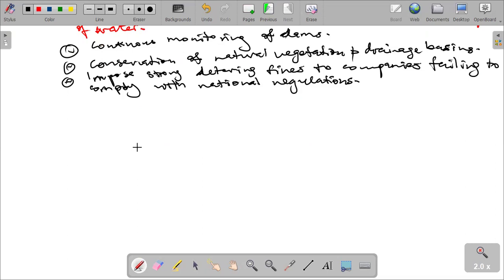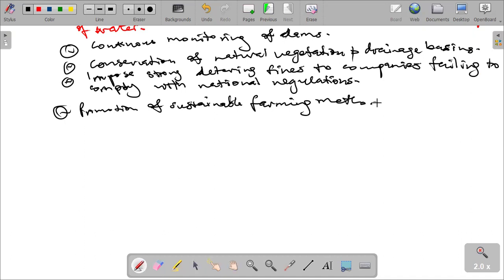We can also talk about promotion of sustainable farming methods. Sustainable farming methods, we are talking about farming practices that would not affect the drainage basins and also the river systems.